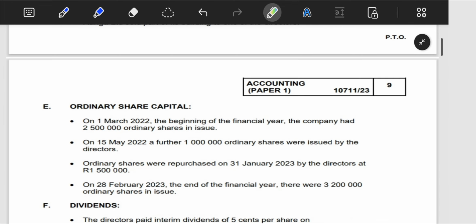Ordinary share capital. On the 1st of March, at the beginning of the financial year, the company had 2,500 ordinary shares in issue.